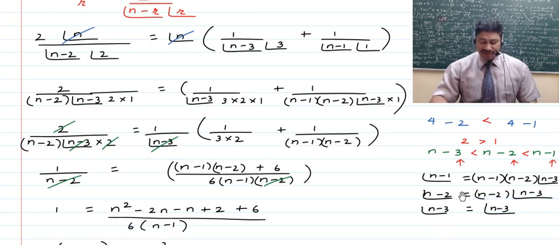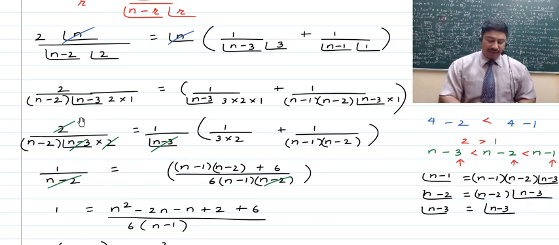As such, if we write the factorial of these numbers, it's best to write in the form of factorial of n minus 3, which will be there in these 3 factorials. So factorial of n minus 3 is going to be written as factorial of n minus 3. However, factorial of n minus 2 can be written as n minus 2 times factorial of n minus 3, and factorial of n minus 1 can be written as n minus 1 times n minus 2 times factorial of n minus 3, right?